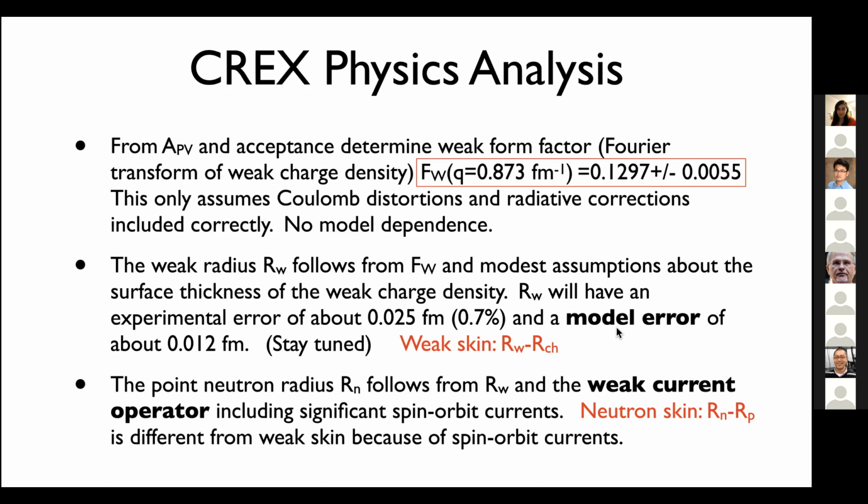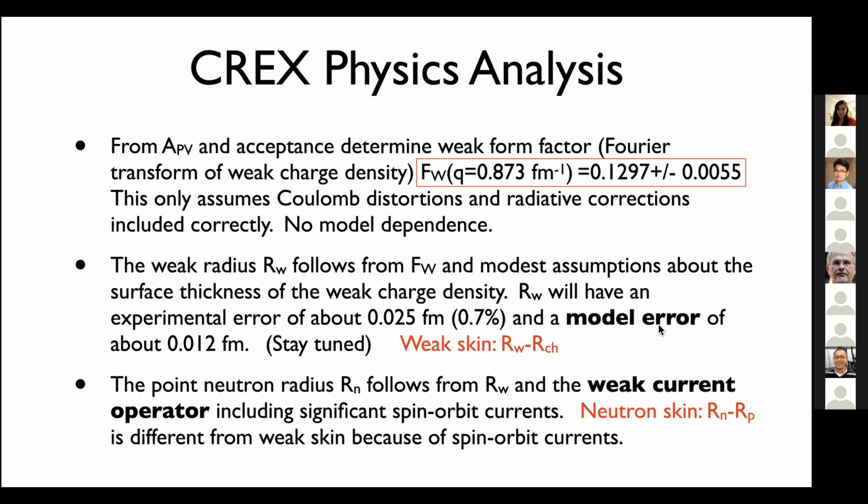But then it will also have a model error associated with the assumptions about the surface thickness. We are working on that model error. We estimate it just by looking at the range of surface thicknesses predicted by a large variety of theoretical models. This surface thickness is also constrained by the measured surface thickness of the charge density.